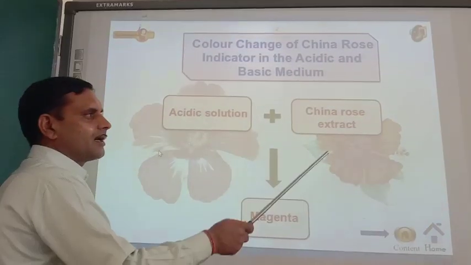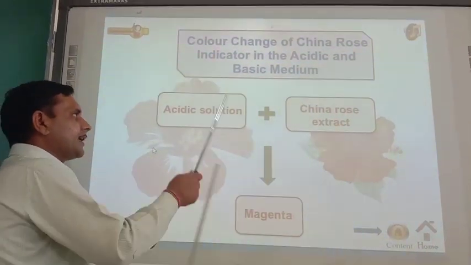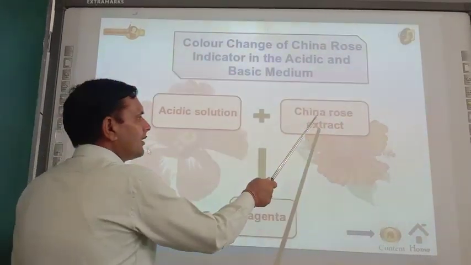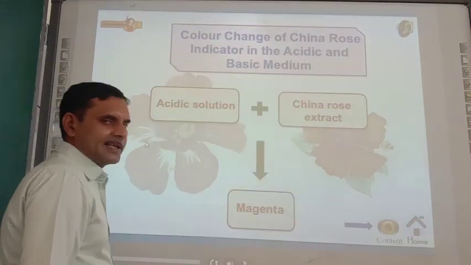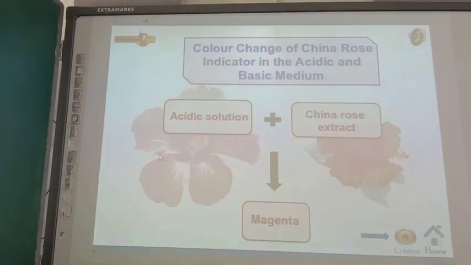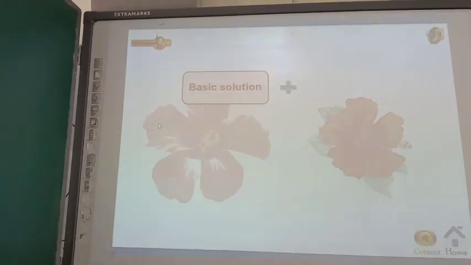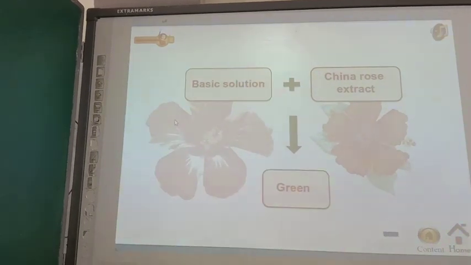I am summarizing the behavior of China rose petal extract in acidic and basic solutions. Just see, if you add China rose extract to an acidic solution, it will be magenta in color. Same is the case with basic: the red color of China rose indicator turns green in basic medium.